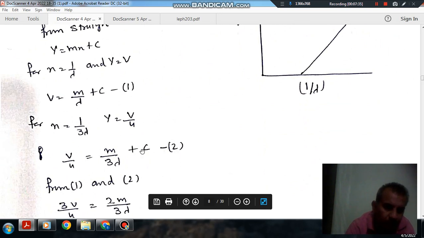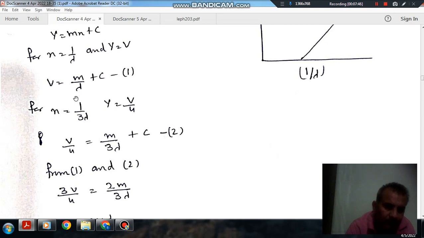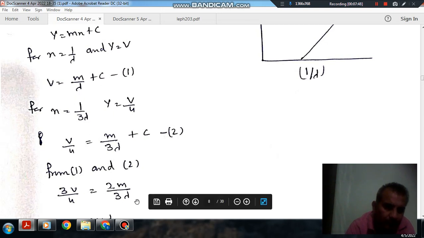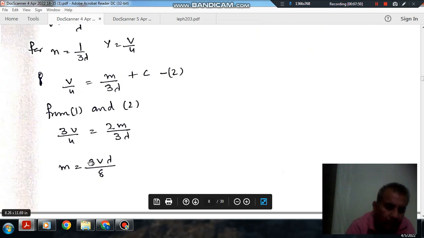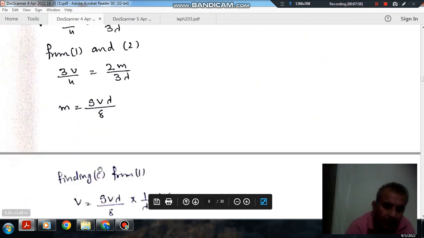So this is equation number 2. Now solving this, we have 3V by 4 equal to 2m by 3 lambda. So m is 9V lambda by 8. So the slope is 9V lambda by 8.